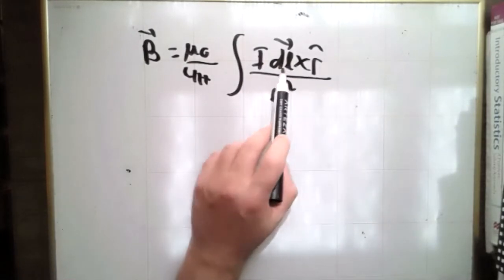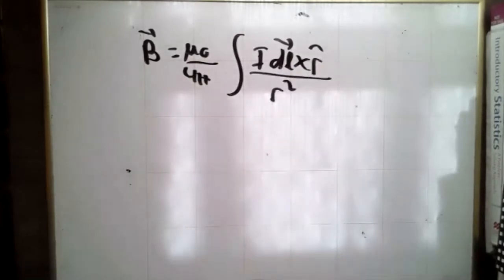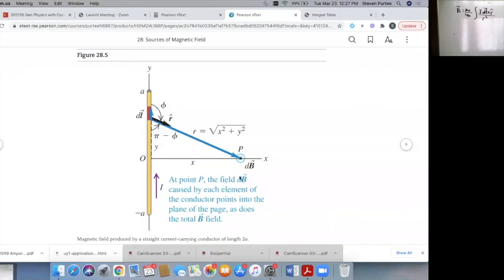So this is what we've got to worry about first, dl crossed with r. So dl points up, r points down this way. So I'm going to draw that here. Here's negative a, here's a. I've got a little dl that's pointing up. I've got an r hat that points down at some angle. They called it phi.